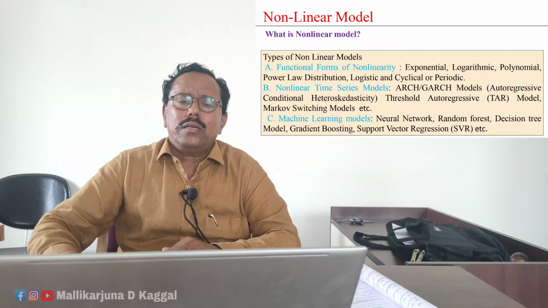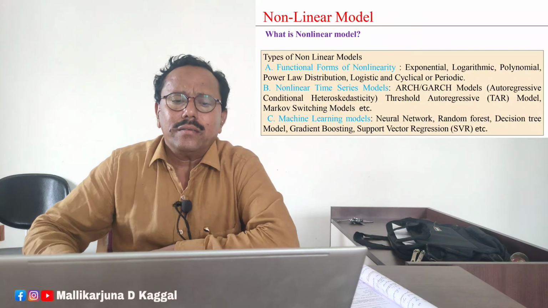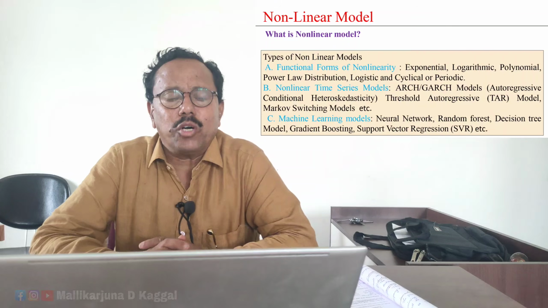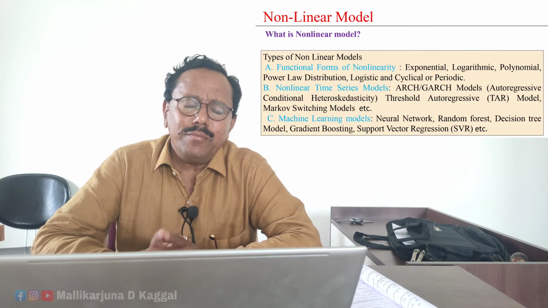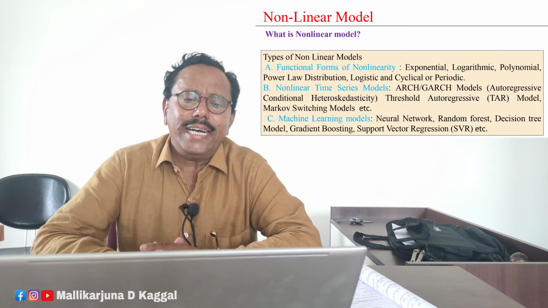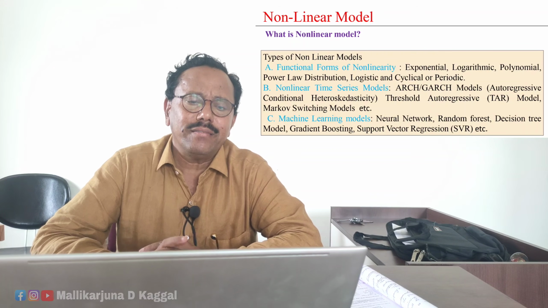Now, I told you what is non-linear, what the categories are, and when to use the non-linear model. When it comes to linear, when a simple and straight relationship is there, we use linear.